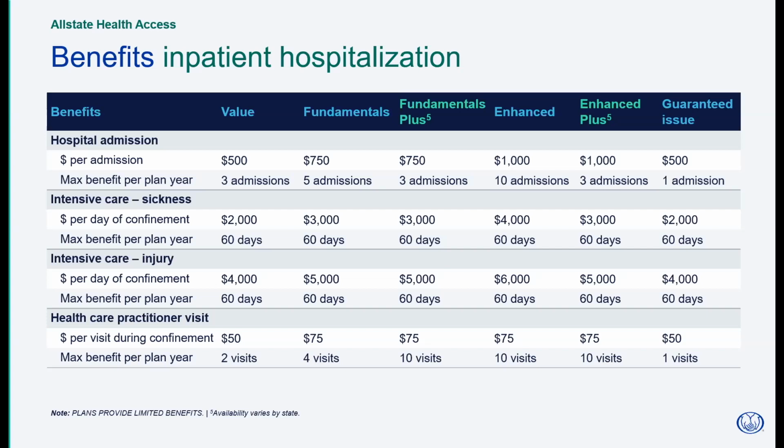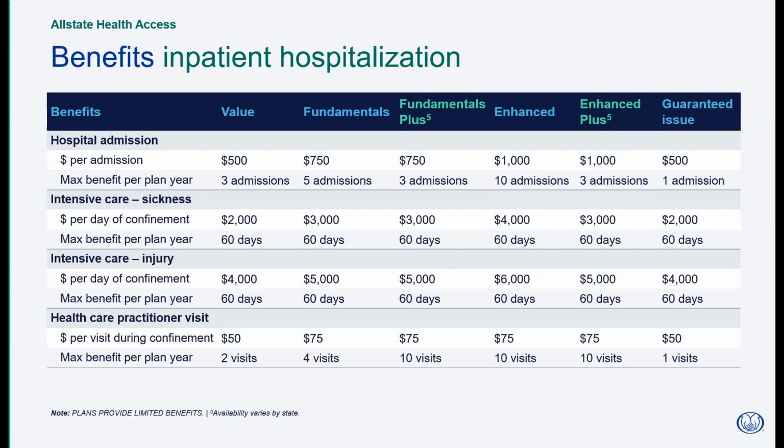Now, if someone is in intensive care due to an injury, the per dollar day of confinement ranges from $4,000 to $6,000. The maximum benefit per plan year is also 60 days. Now, the next thing we have on here is the healthcare practitioner visit. This is when someone is in the hospital and the healthcare practitioner is coming in to make their rounds and their visits to see how you're doing.